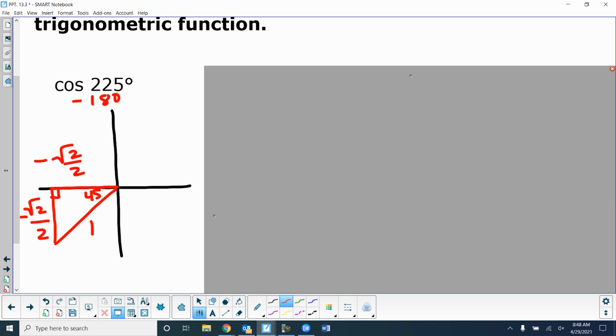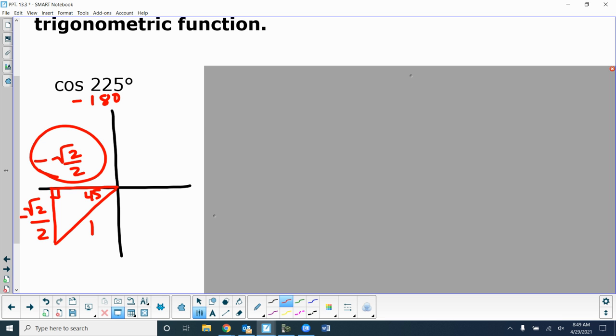Everyone understand why those are negative? Okay? What are we looking for? Cosine, adjacent over hypotenuse. Okay? What is, again, Grace told us, anything divided by 1? Itself. So that's the answer to that.